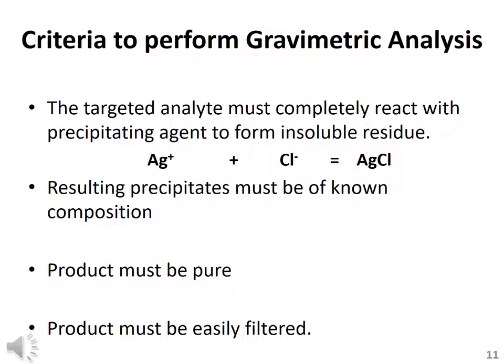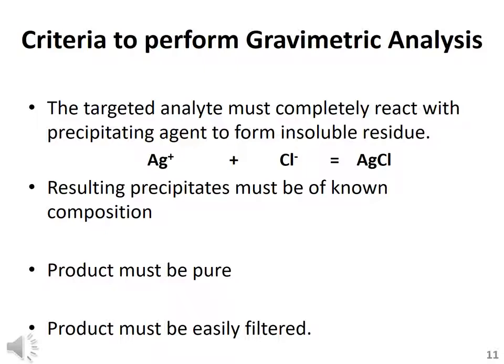If you are interested in any analysis, then there must be some protocol, some criteria to carry out that analysis. So if you are interested in gravimetric analysis, then you will have to look for certain protocol and criteria in order to undertake it.